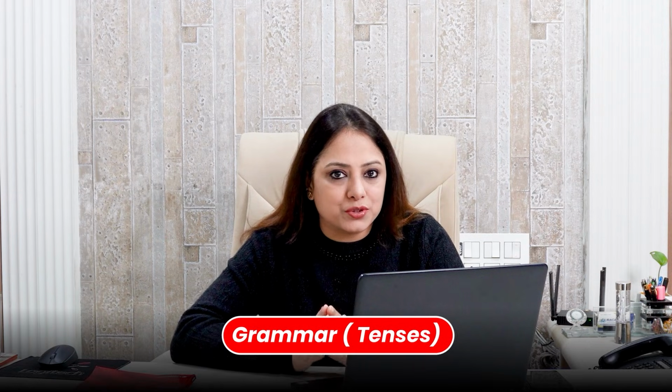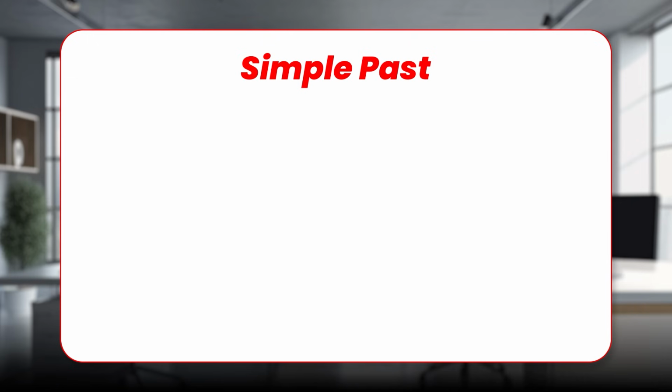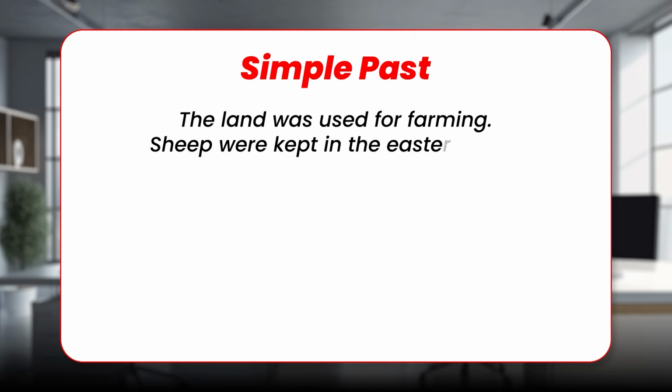Now, talking about the grammatical part, you should be careful with the tenses that you have to use for describing these map questions. One of the maps is about past 1950, so you will be using simple past tense and sentences like the land was used for farming or sheep were kept in the eastern area.